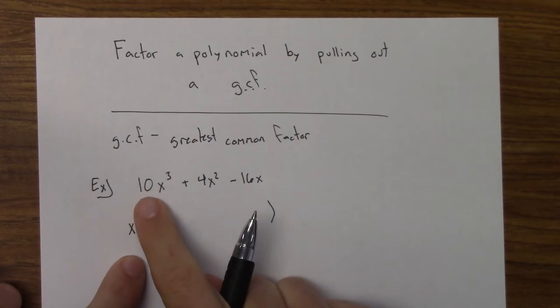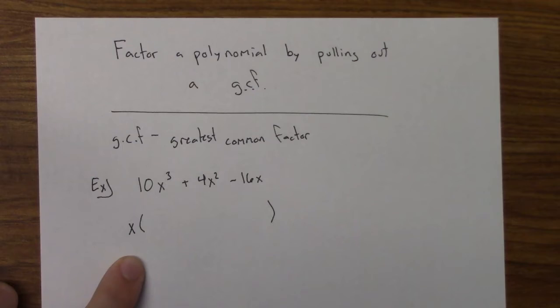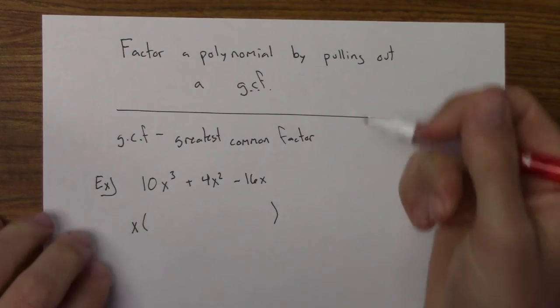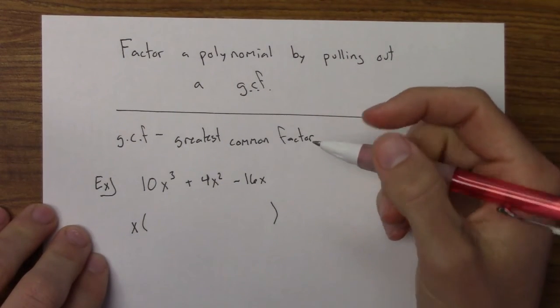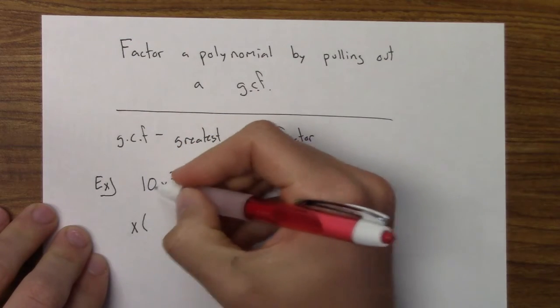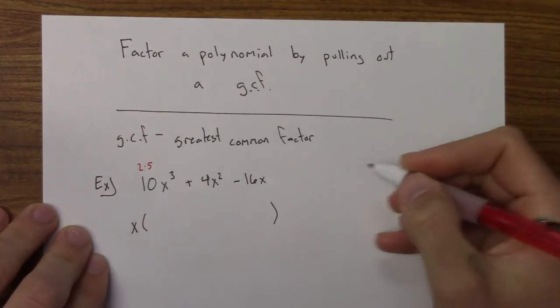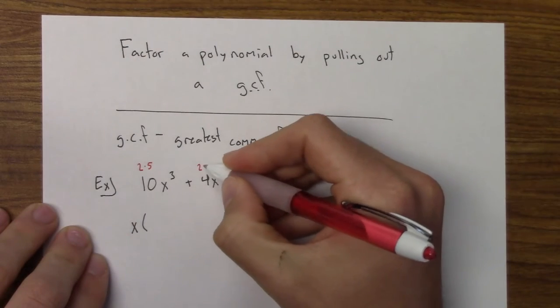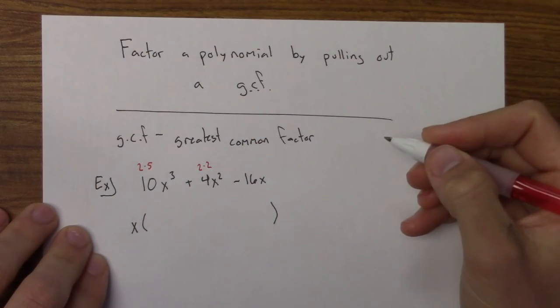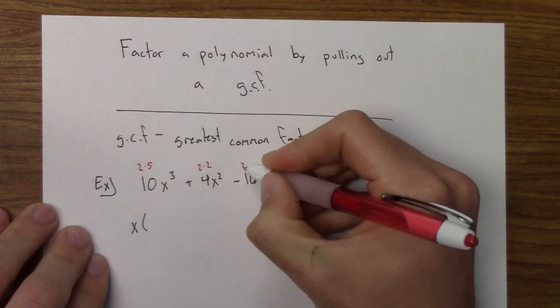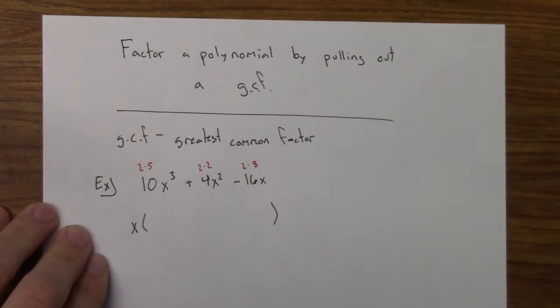I'm also looking at the numbers of 10, 4, and 16. And one of the things that's helpful is to look at the parts of each of these. So for example, my 10 has a 2 and a 5. Now my 4 also has a 2. In fact, it has a second 2 as well. My 16 also has a 2, and it has an 8.